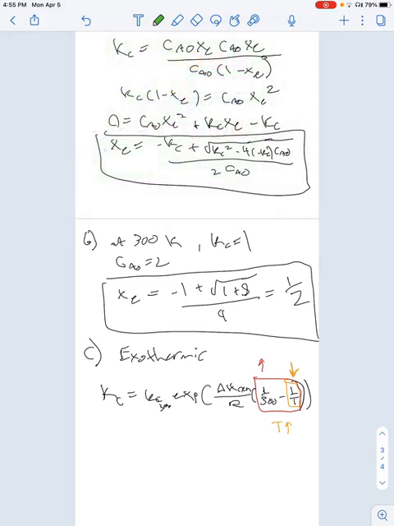Remember delta H over R is negative, so the exponent times a bigger negative number is going to be smaller. So our Kc is going to be smaller.